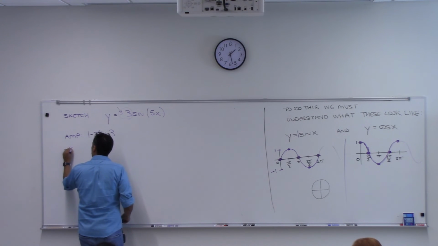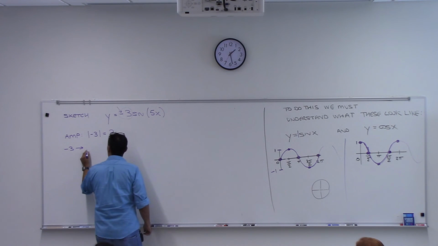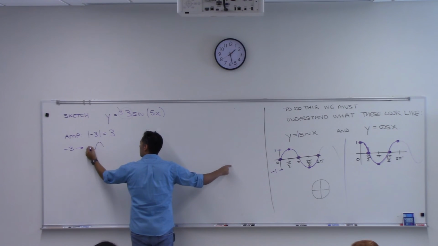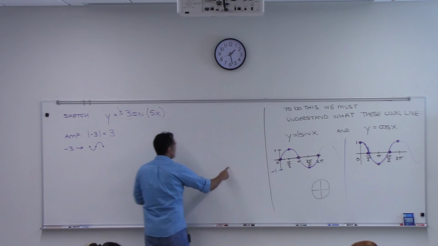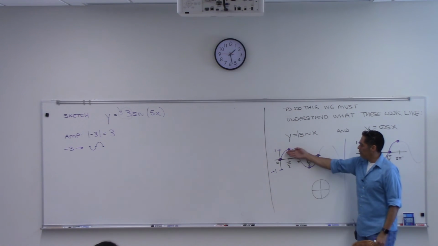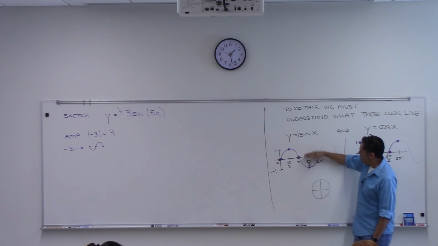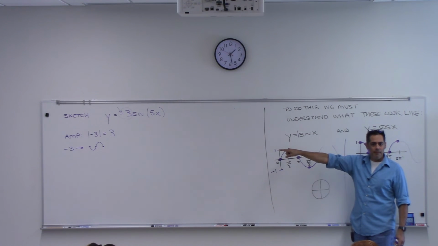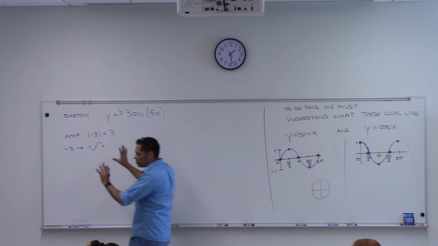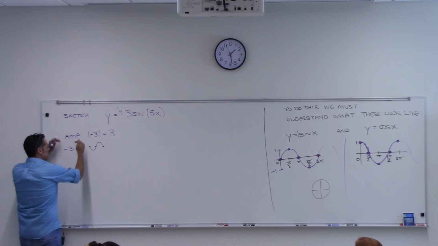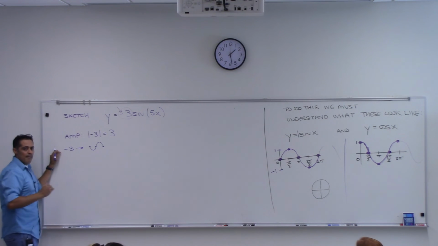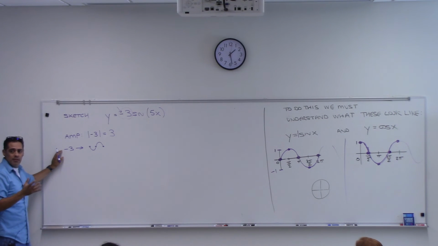The fact that I have -3 tells me I should expect not that picture, but that picture instead. Bring that little hump to the bottom, bring that hump up, and then you get something like that. So it's a reflection over x. All right, that's how I'm starting. This is my amplitude, and I should expect to see it flipped over. Now, the next step. Any questions?